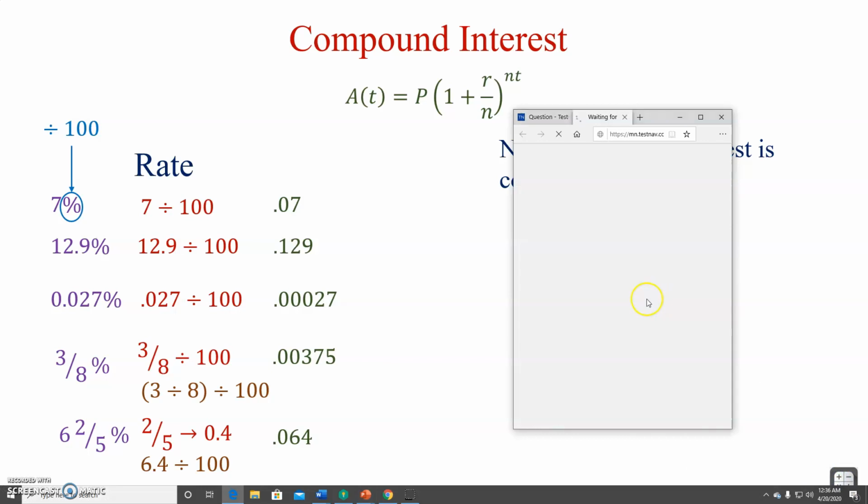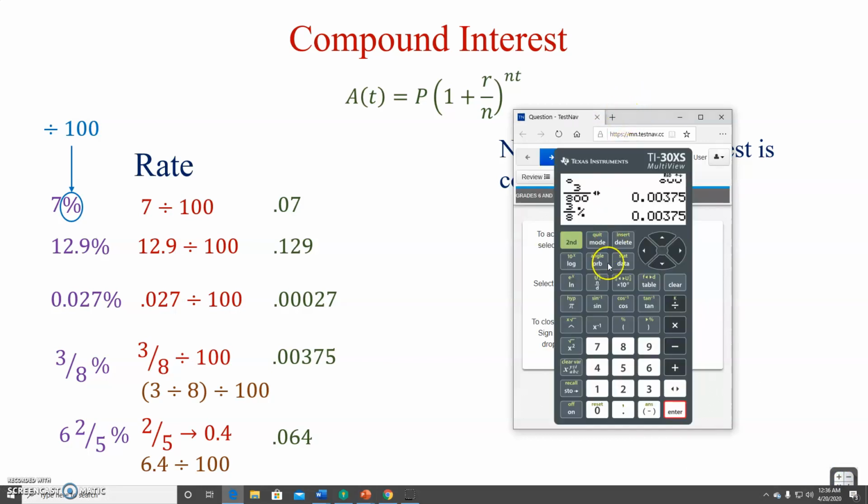Again, the calculator has mixed numbers right there, that U and D. So if I hit that, I'm able to put this problem right into the calculator. 6, 2/5%, second percent. There's my decimal.